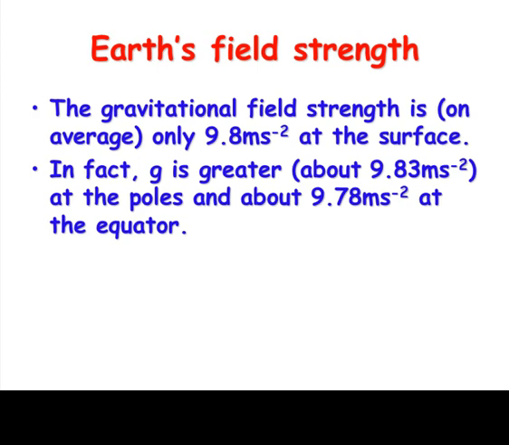If it was perfectly spherical, it would be equal all the way around, as long as the mass was constant all the way around. But in fact, the spinning effect probably makes it slightly wider at the equator, and therefore you're further from the center, and as a result, averaging about 9.78 meters per second squared. That's just a bit of trivia for you.